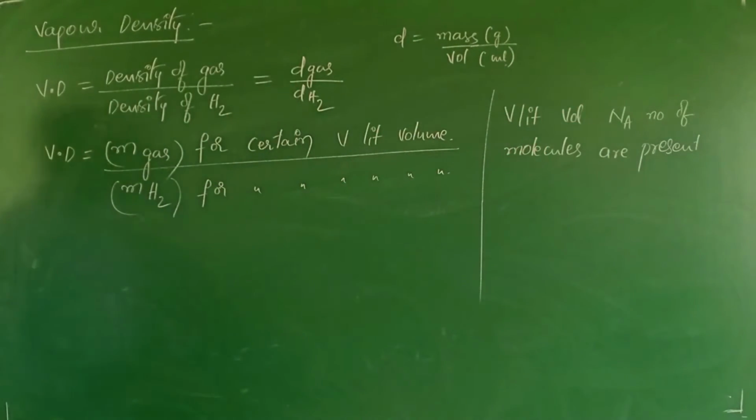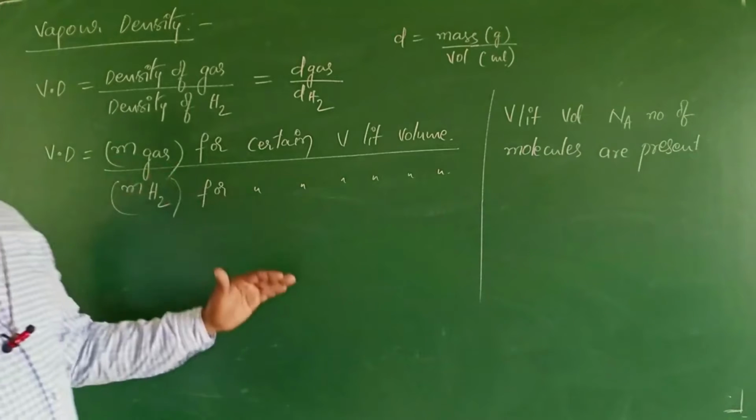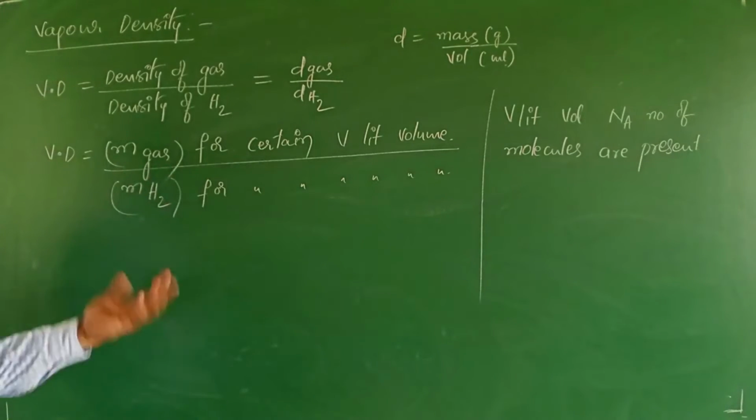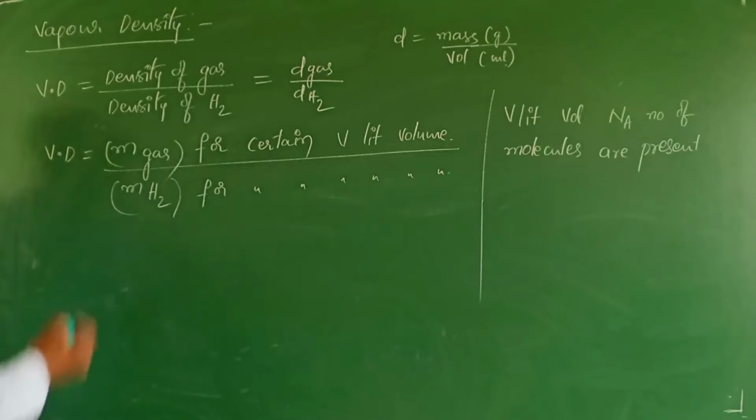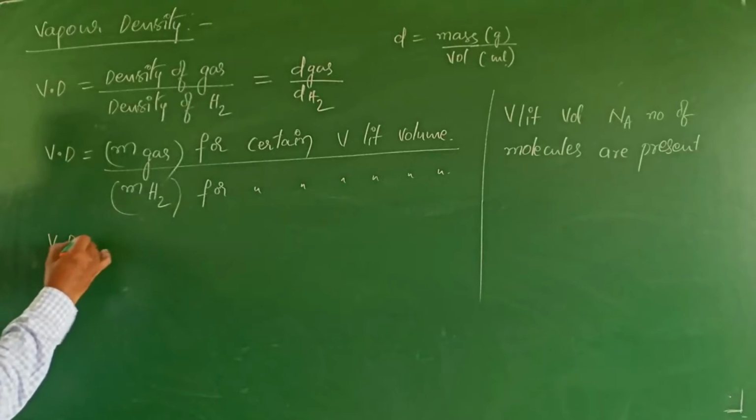Avogadro number of molecules are present under similar conditions of temperature and pressure. Then, how will you write the vapor density?